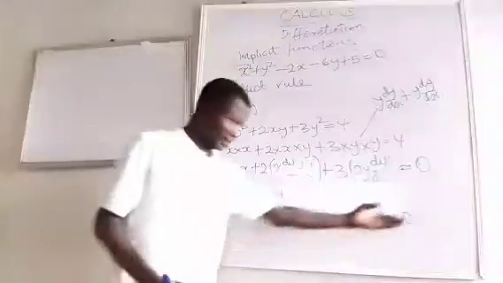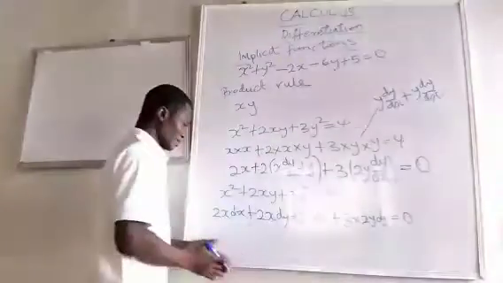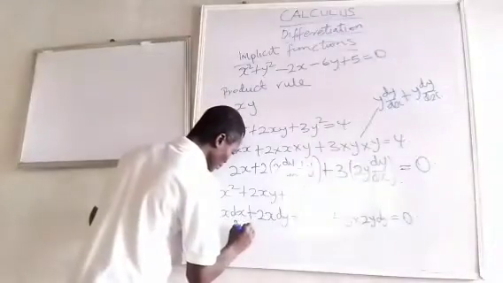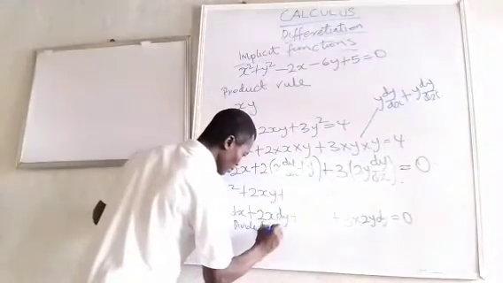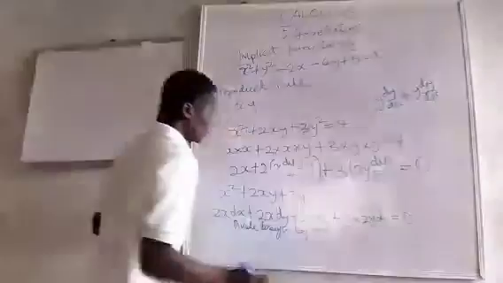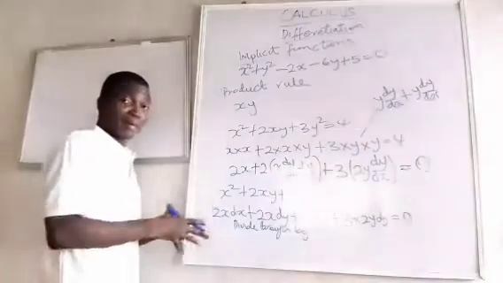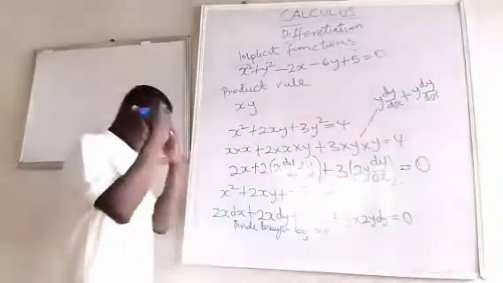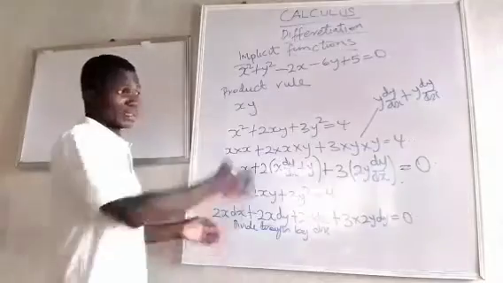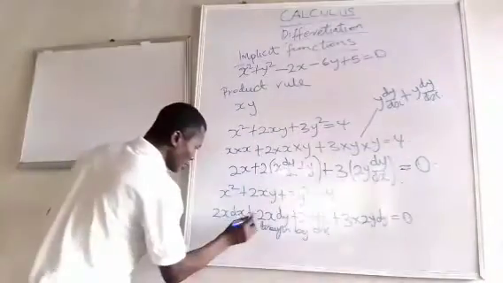After I have done this, I will now divide through by dx. Please, I have said it, this is for me. I can't remember, maybe a teacher taught me, or I just got it by myself, maybe in differential equation. So what do I do next? I just divide through by dx.